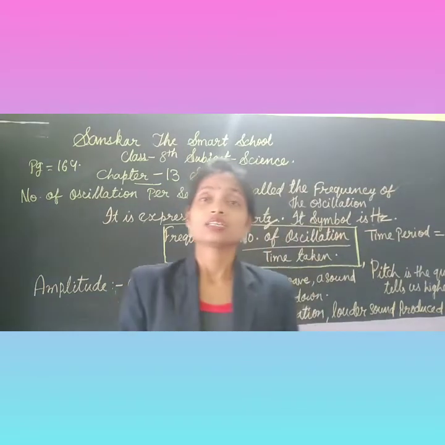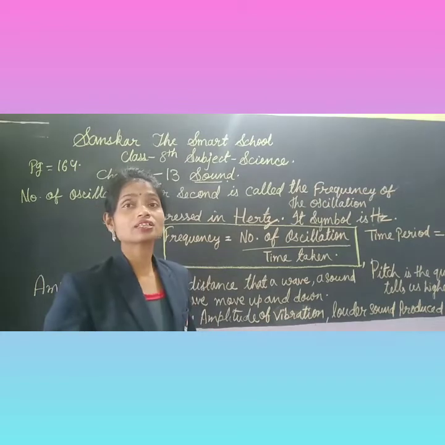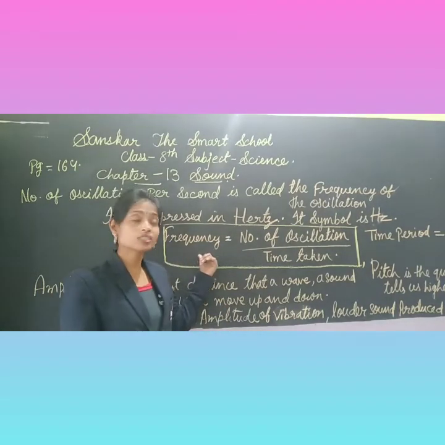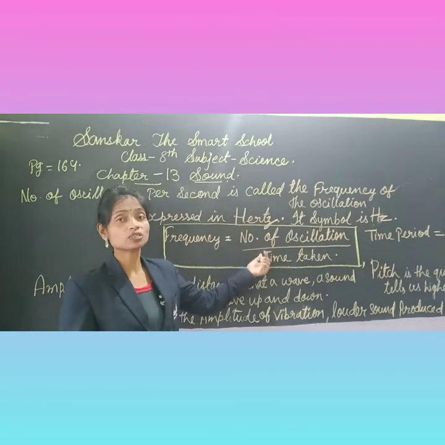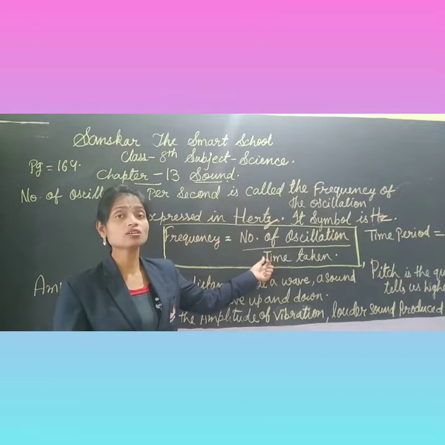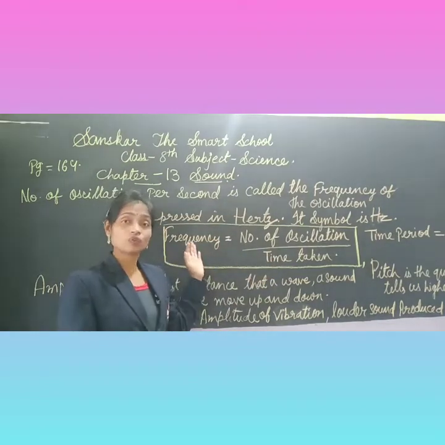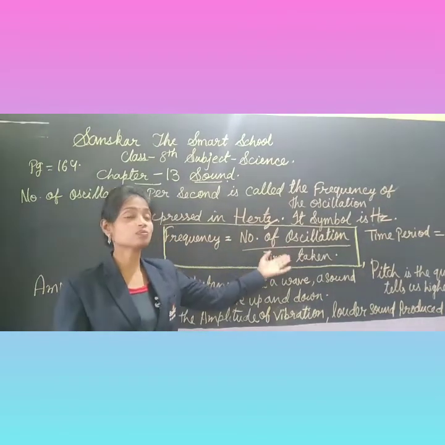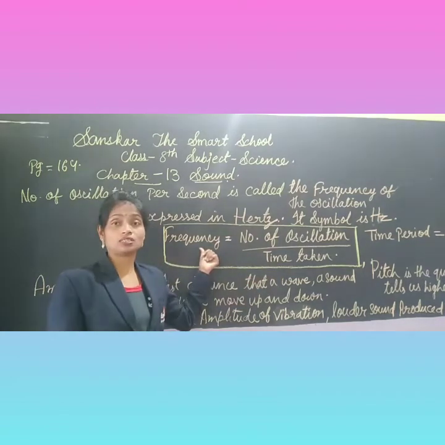And how can you write the frequency formula in a mathematical way? Frequency is equal to the number of oscillations completed by an object upon the time taken by the object.